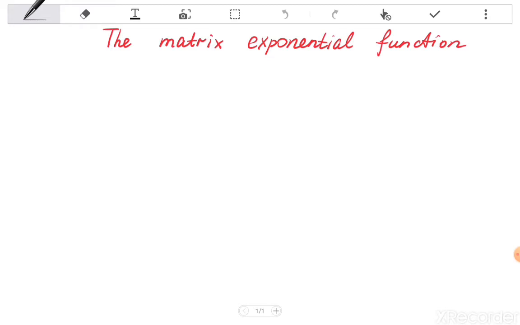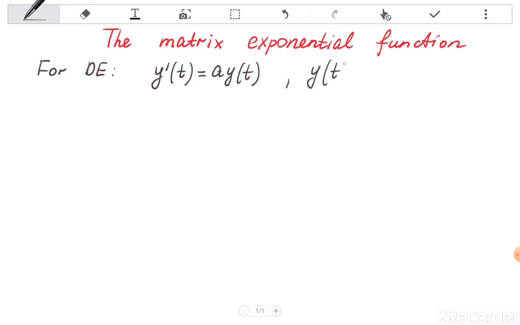So for example, for differential equations, let's say when we solve a simple equation like y prime of t is a y of t, we know that the solution is y of t is some constant times e to the power at.